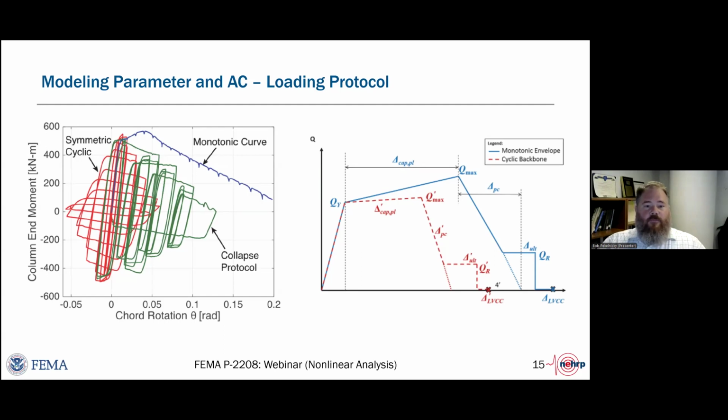So the ATC 114 project didn't make a specific recommendation about the use of loading protocols, other than to provide caution about using monotonic loading protocols because they can overpredict the deformation of the components. And as you can see on the figure on the right, they even provided some conversion factors between monotonic to a cyclic backbone curve.